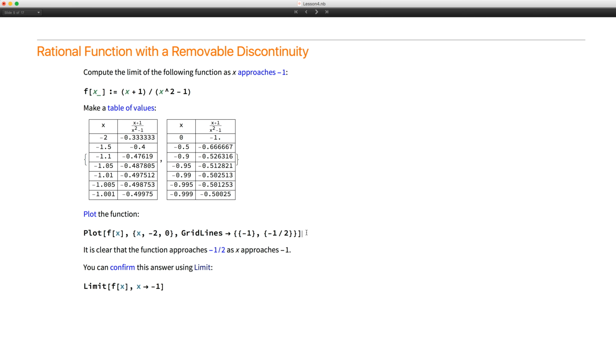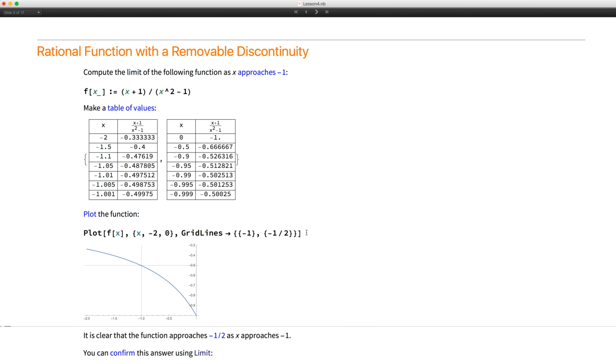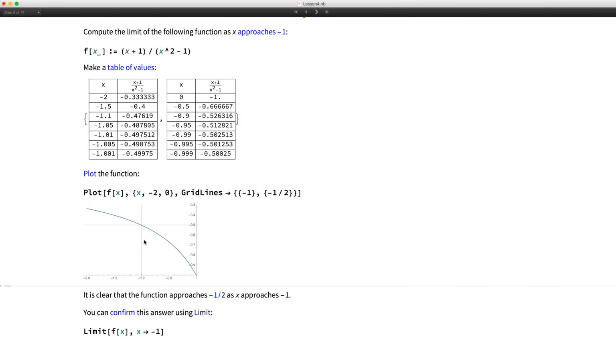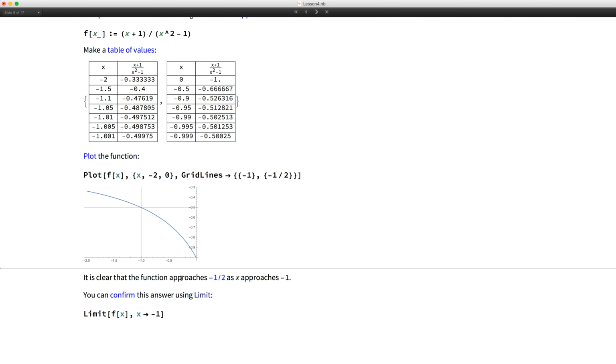Let's plot the function. And it does look like when you're close to -1, the values are close to -0.5. So it looks like the function approaches -1/2 as an exact number as x approaches -1, and you can confirm that with Limit and get back that value as the actual limit.